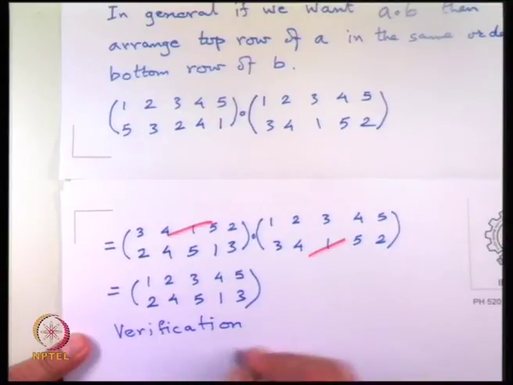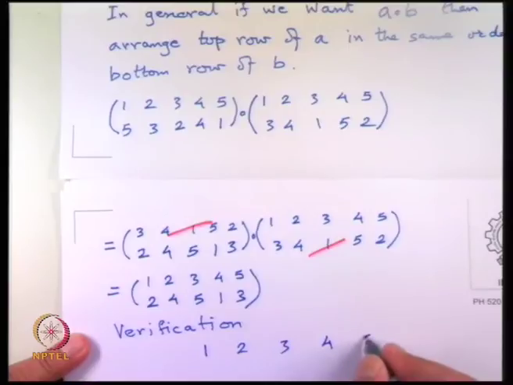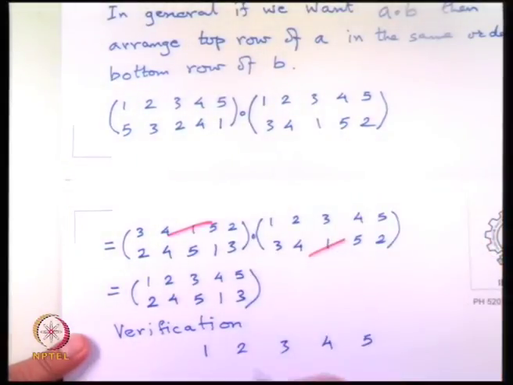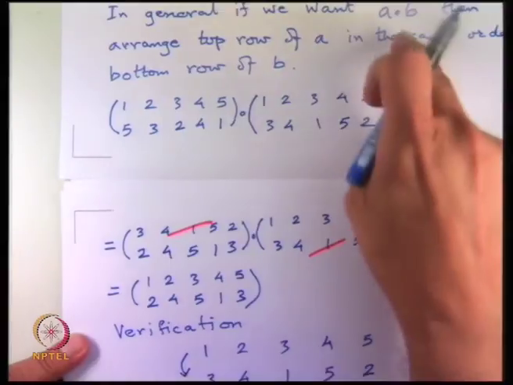So all I do is write 1, 2, 3, 4, 5, and then I look at what my element A was. Well, it sent 1 to 3, so that I will write as it is 3, 4, 1, 5, 2. So this operation is my element B.